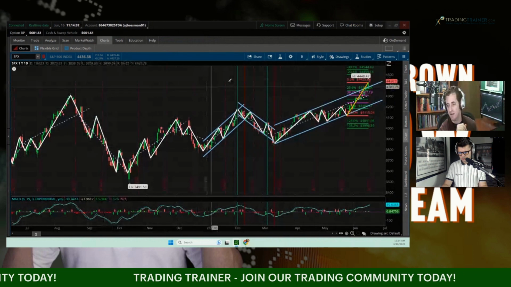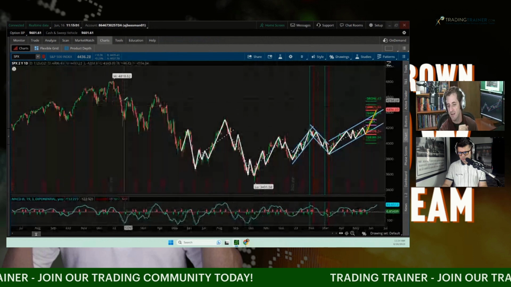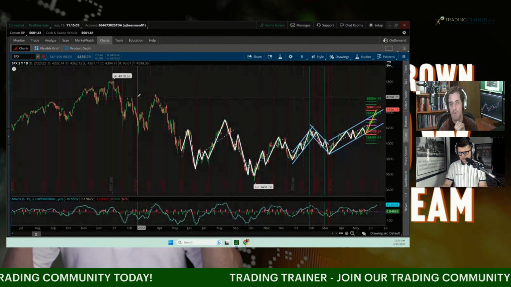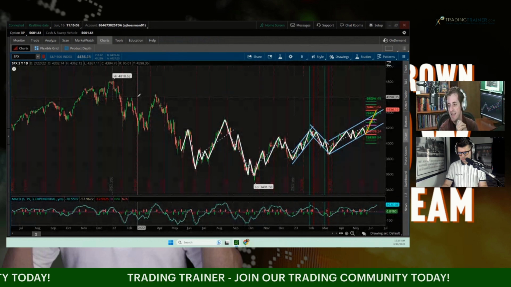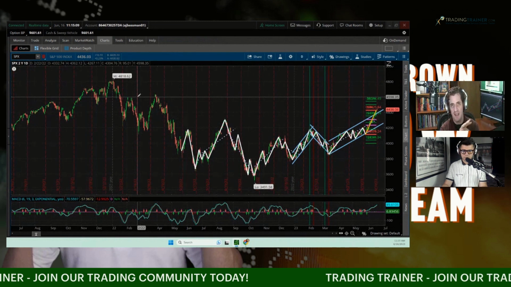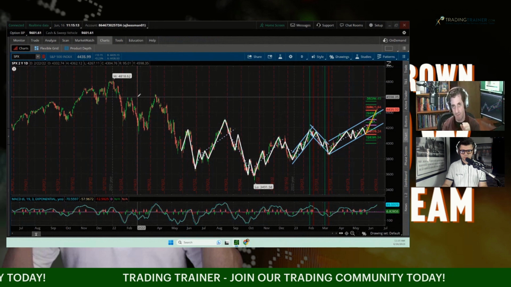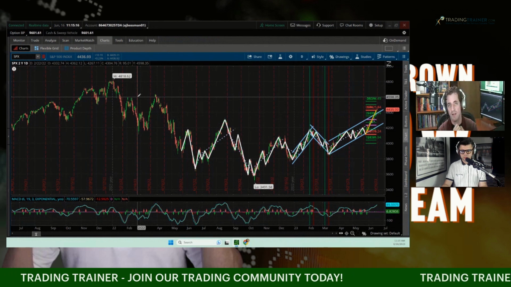There is some heavy overhead resistance. If I go back 2 years, there's some heavy overhead resistance at 4,600. And to get above that 4,600 and start really being in an uptrend for the markets, we need to have some real momentum so we can hit that wall and break through.